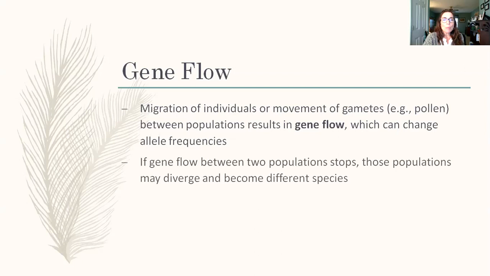Conversely, if you keep 2 populations separated and there is no gene flow, then these populations could diverge and become separate species. So gene flow is one way you can change the frequency of alleles within a population because it allows for new alleles to be introduced into the population when a new individual moves in through migration, or for example the gametes in pollen are introduced to a different population.